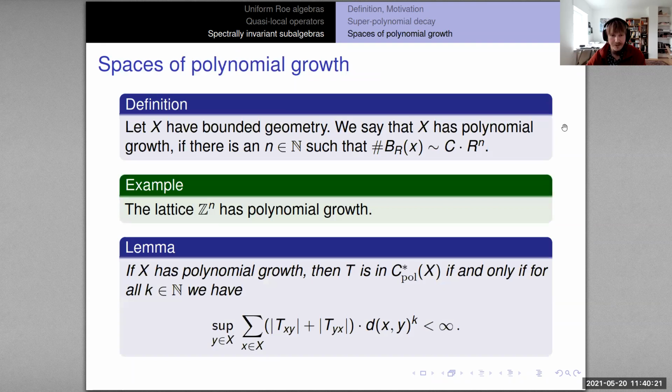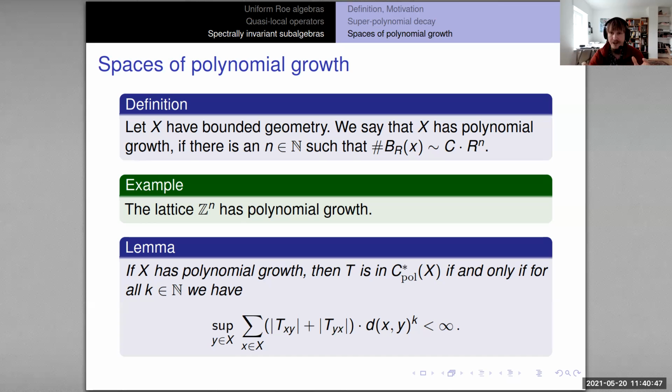Okay, and the lemma that I have written down here is now, so when I basically answered the first question, namely, how can we characterize if an operator is in the uniform Roe algebra, I gave you this characterization via quasi-local operators, at least if you're in the property A case.